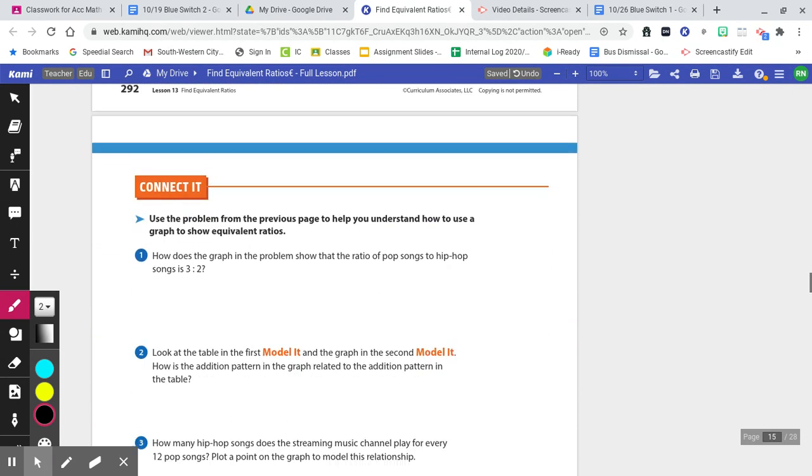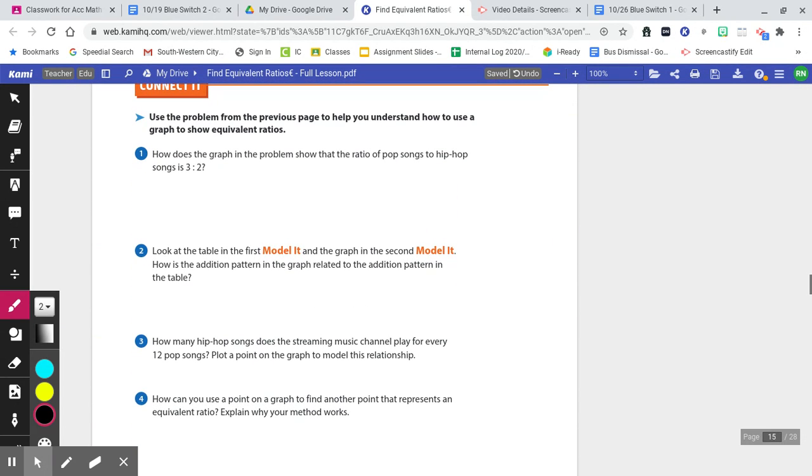And if you will go on to the next page, how does the graph in the problem show that the ratio of pop songs to hip hop songs is 3 to 2? Well, the graph shows the number of pop songs on the x-axis and the number of hip-hop songs on the y-axis. So the point (3, 2) represents 3 pop songs and 2 hip-hop songs.